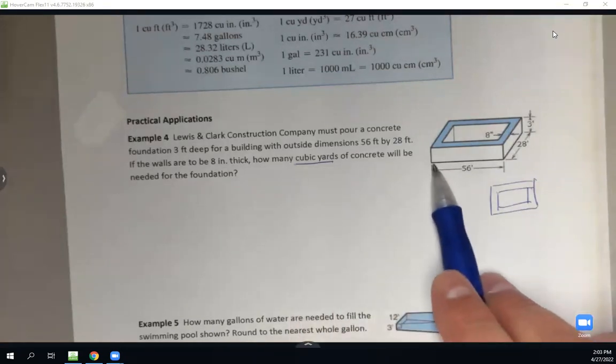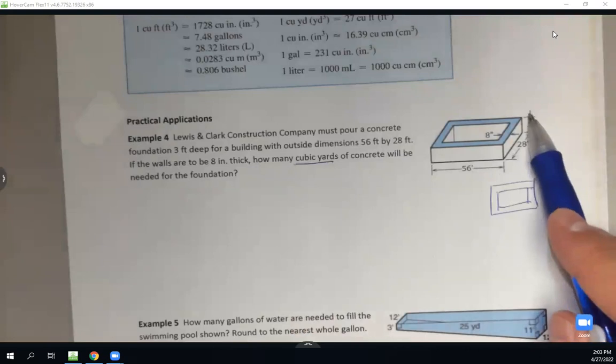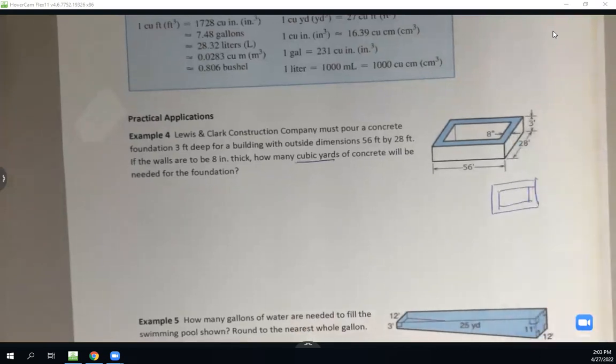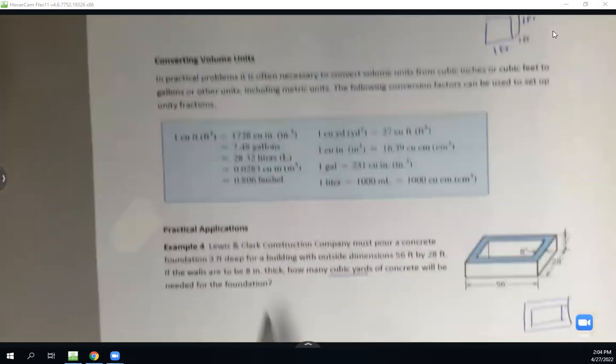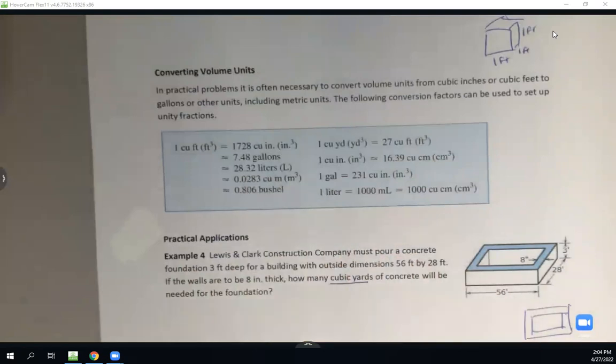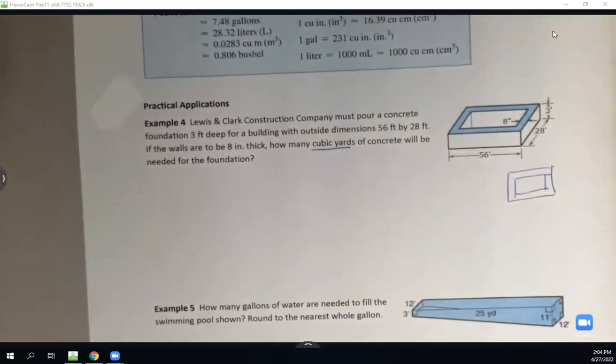It would also be possible to change this to yards, this to yards, this to yards, this to yards, and just do it all in yards in the first place. Does that make sense? But I think I'm going to find the volume in cubic feet. And then once I know how many cubic feet, I will use this to figure out how many cubic yards. Okay, so that's my plan.